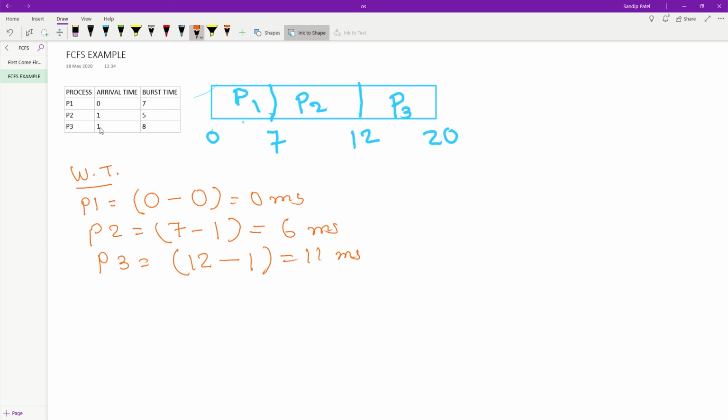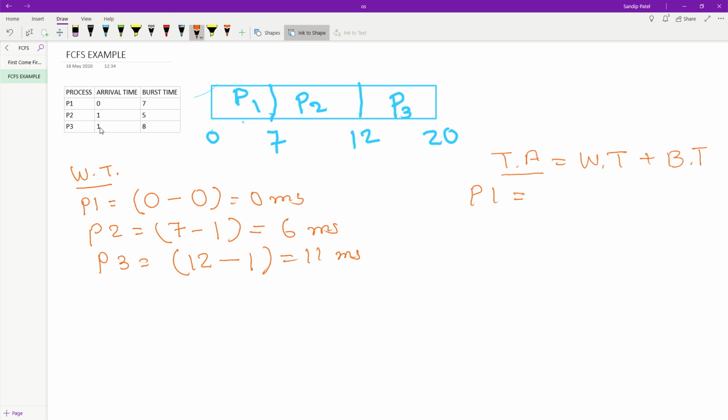Now in the same way you can calculate the turnaround time for each process. For process P1, the turnaround time equation is waiting time plus burst time.